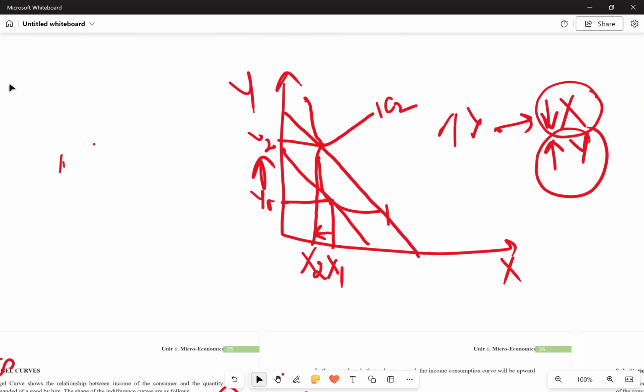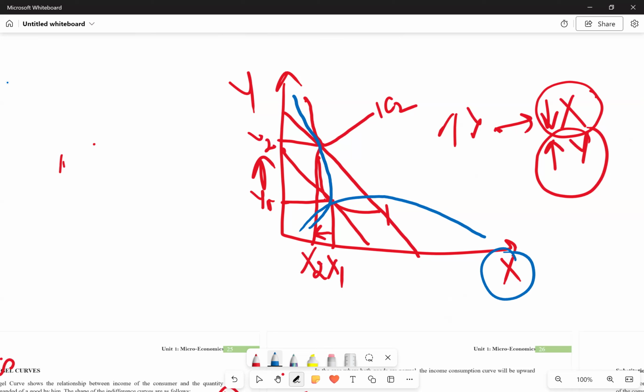And your income consumption curve would look like this. It would be a backward sloping curve. Similarly, if your income consumption curve were bending towards the x-axis, then it would imply that x is a normal good, but y is an inferior good. Okay?